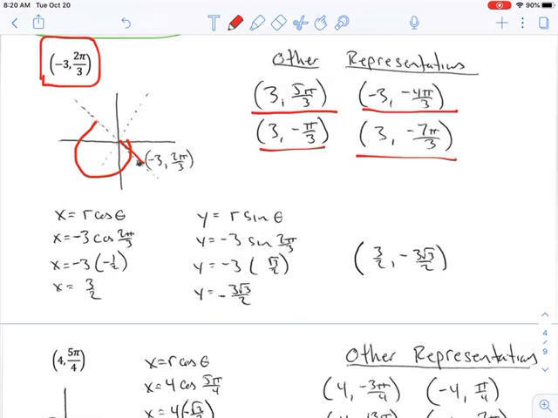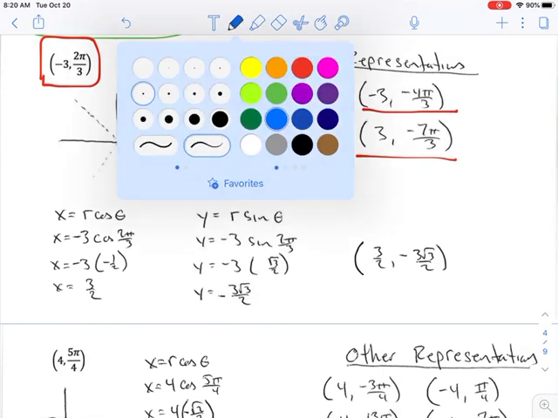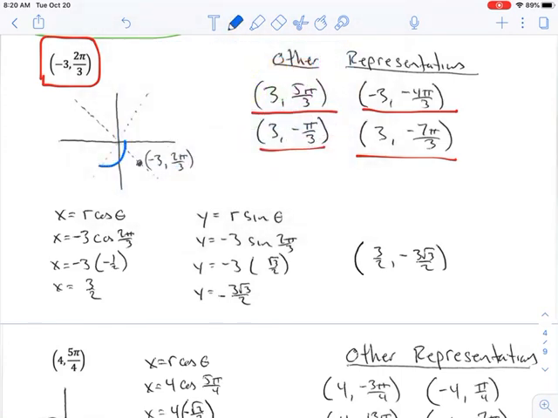And then 3 and negative 7 pi over 3. Well, negative 7 pi over 3, how are we going to do that one? Well, negative 7 pi over 3 looks like it's going to be going all the way around like that, with a positive radius of 3. And those are just 4 more representations. There are an infinite number of representations.